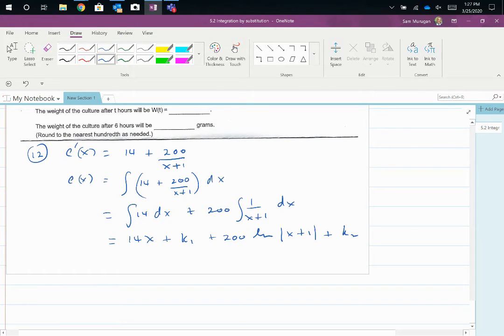And at this point, we can simply combine the two constants. So we can say that C of x is equal to 14x plus 200 ln absolute value of x plus 1 plus a single constant. K1 plus K2 is equal to K.